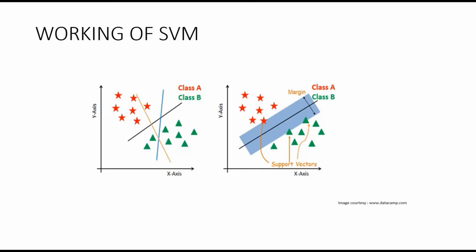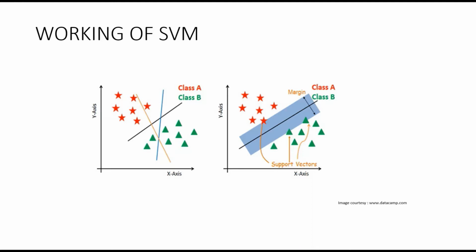First step, generate a hyperplane which segregates the classes in the best way. If you see the left hand side figure, it shows three hyperplanes: black, blue and orange.